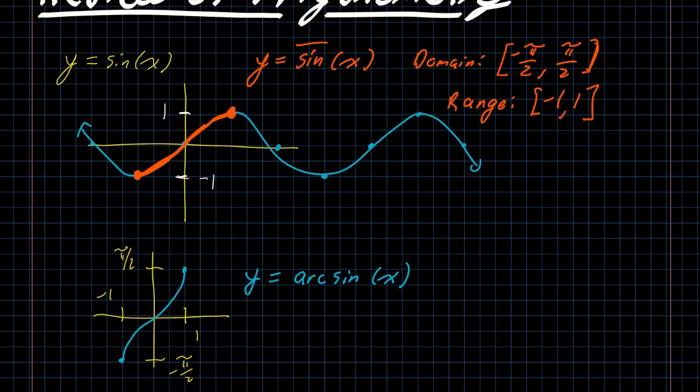But again, just flipping the domain and range, the domain here is from -1 to 1, and the range here is from -π/2 to +π/2. And then we could do the same things with the other inverse trigonometric functions.